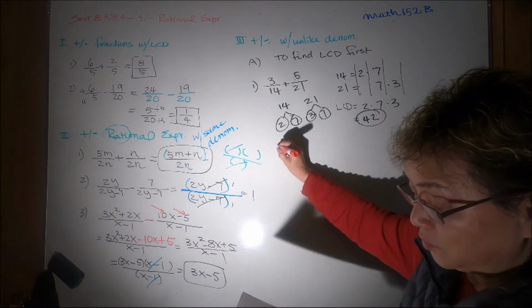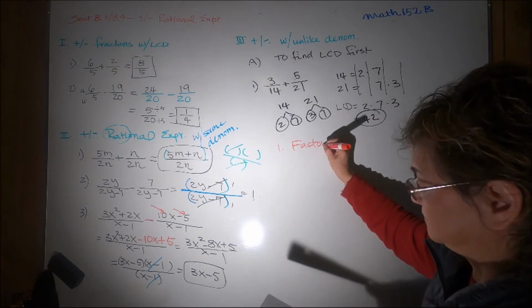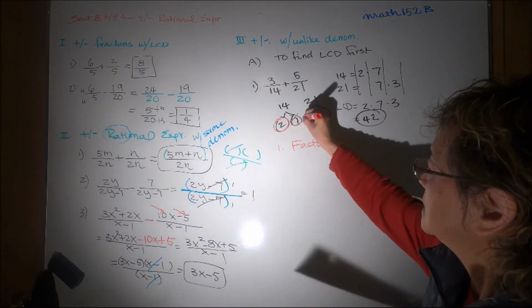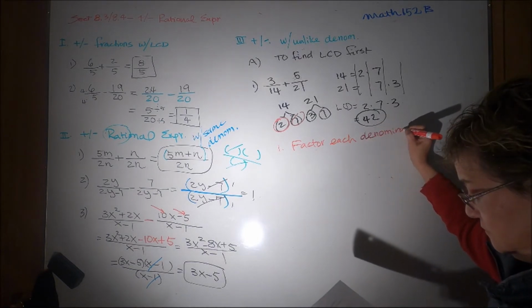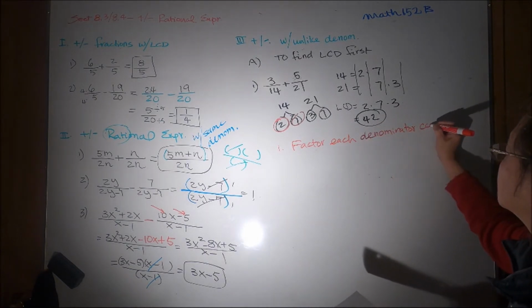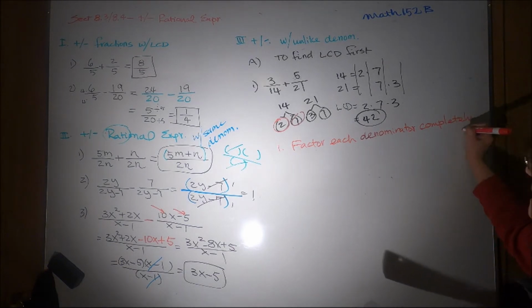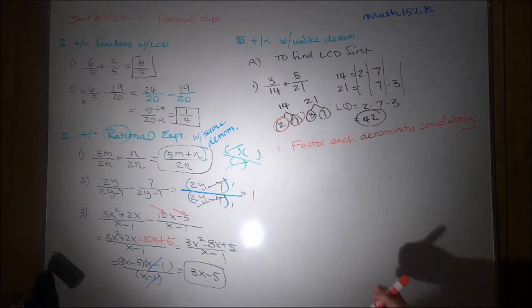So first, you will factor each denominator completely. What does completely mean? It means down to the primes, right?